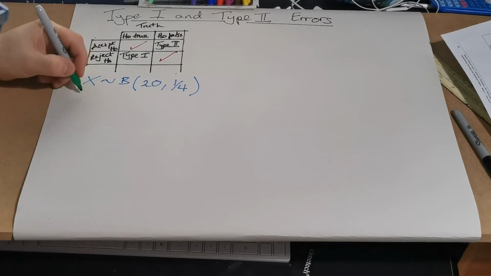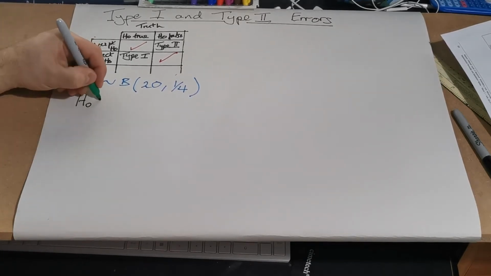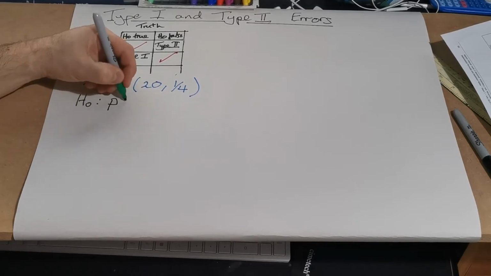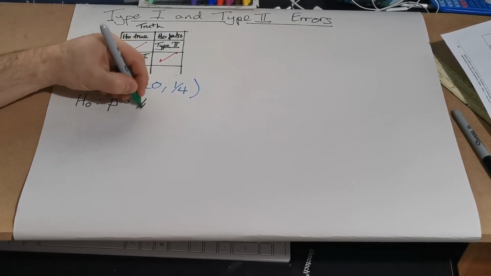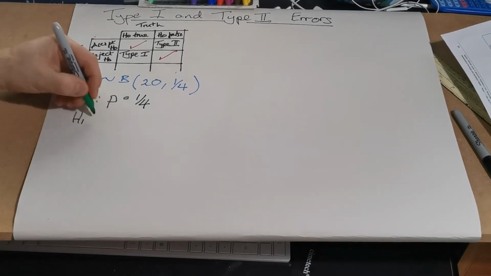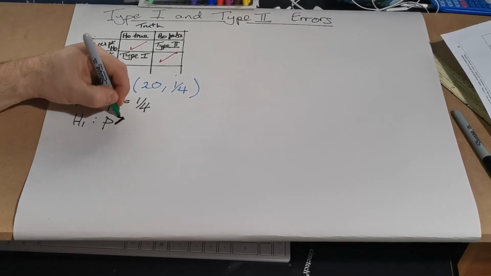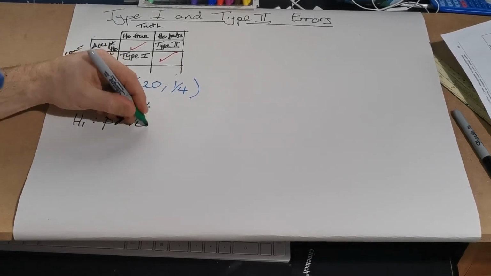So we're going to look at H0, which would be that she's not cheating. Probability would be a quarter, and H1, the probability that she is cheating, she's got a greater chance of winning, so we would expect probability to be greater than a quarter.